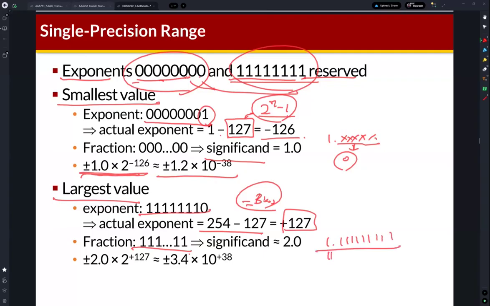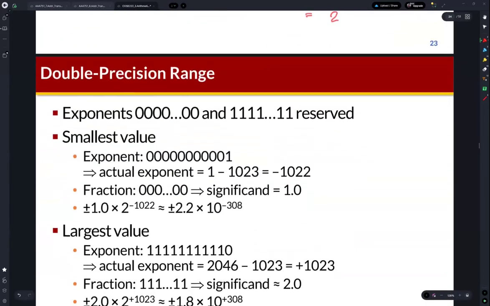It is equivalent to 1 plus 1 over 2 plus 1 over 4 plus 1 over 8 plus and so on. So what is this number? It's approximately 2, right? It's high school mathematics. So the largest value is approximately 2.0 multiplied by 2 to the power of 127. And this is the equivalent number in decimal, right?